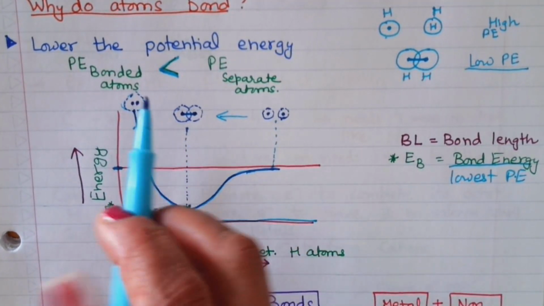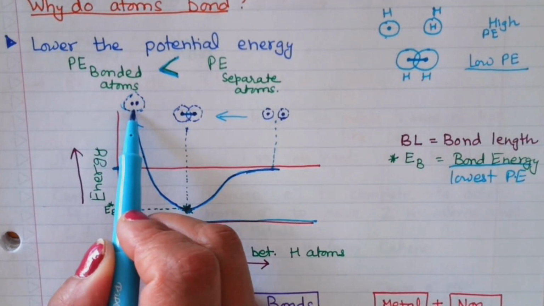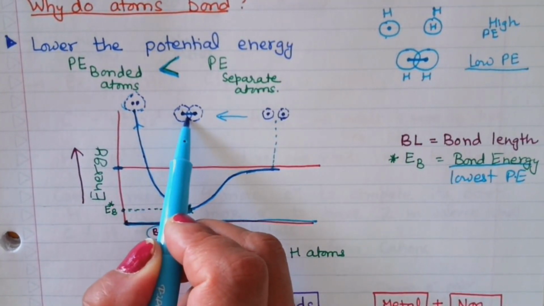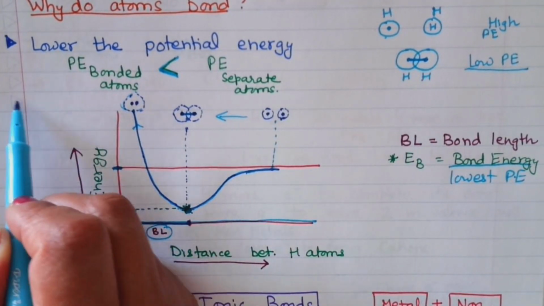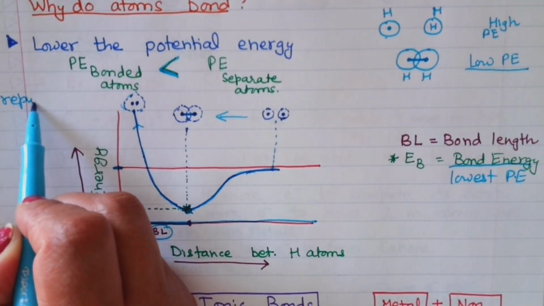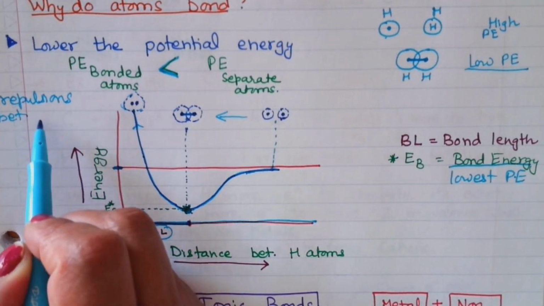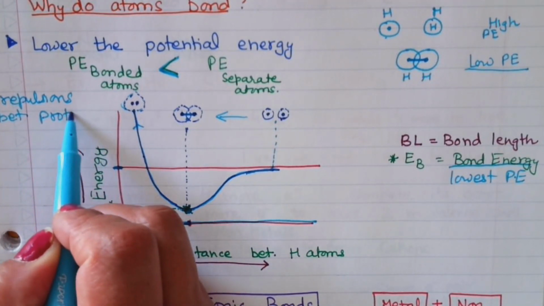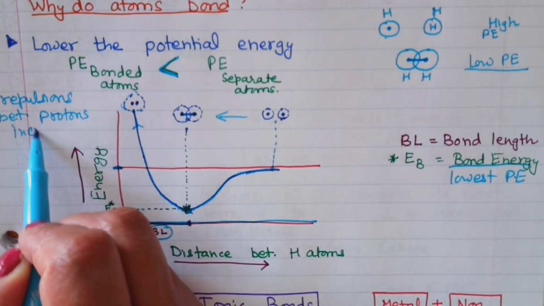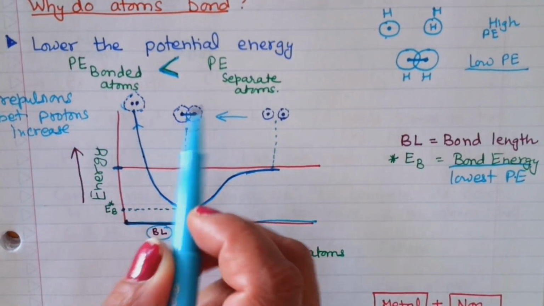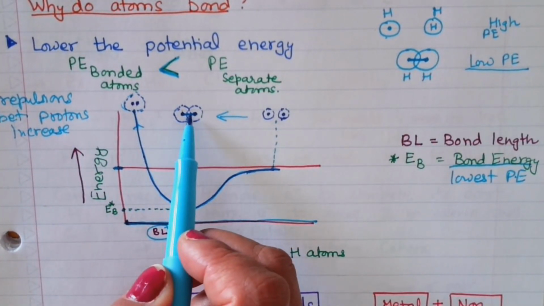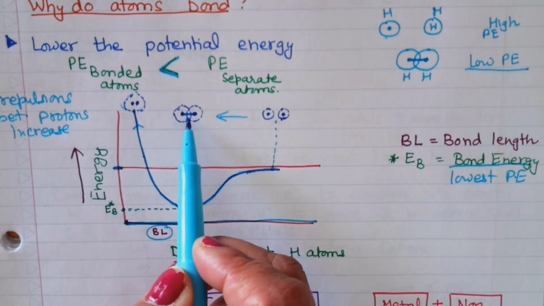Now what happens when the atoms come too close, closer than the bonding distance? The repulsions between protons increase as the atoms come even closer than the bonded distance, right?